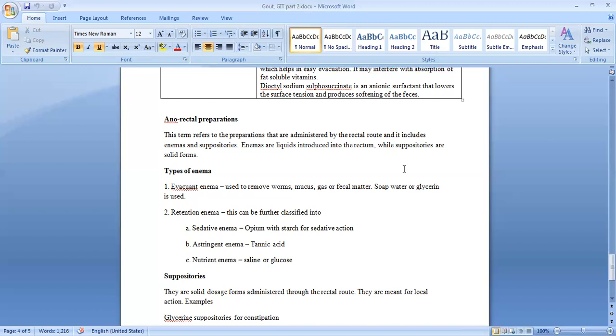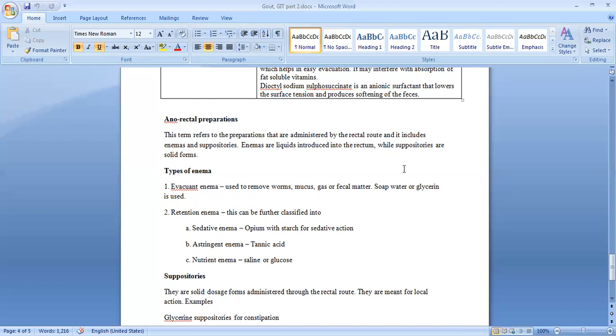There are two types of enemas which are used. One is called evacuant enema and the other is called retention enema. If you want whatever drug you are giving through the enema to evacuate the contents of the intestine, to remove the waste products which are there, then it is called an evacuant enema.